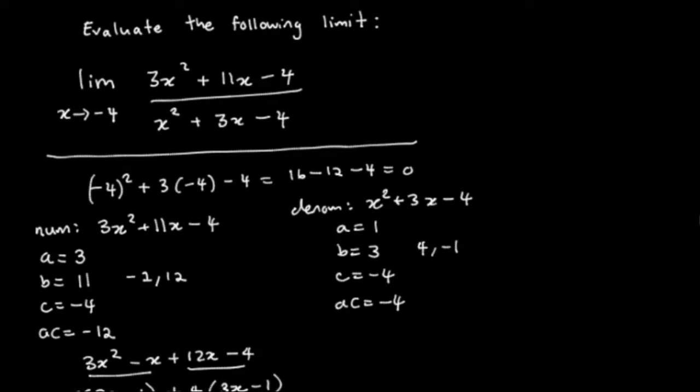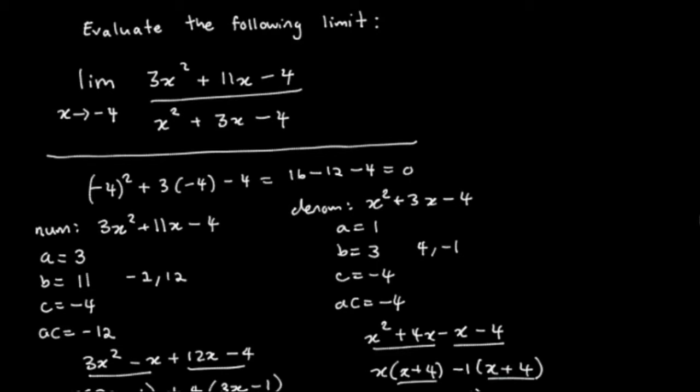In this case you get x squared plus 4x minus x minus 4. I'm going to factor this pair and this pair, and you get x(x plus 4) minus 1(x plus 4), and then when the inner factors are the same, we can factor by grouping. We get (x minus 1) times (x plus 4). Okay, so this is what the denominator looks like.